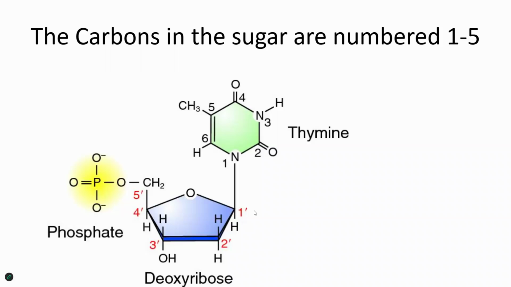So we can number those carbons in our sugar. If we start at the oxygen and we go around the molecule clockwise, carbon number 1 is over here, number 2, carbon number 3, carbon number 4, and then sticking up from carbon number 4 is carbon number 5, which that phosphate group is attached onto. The nitrogenous base is going to be attached onto carbon number 1.